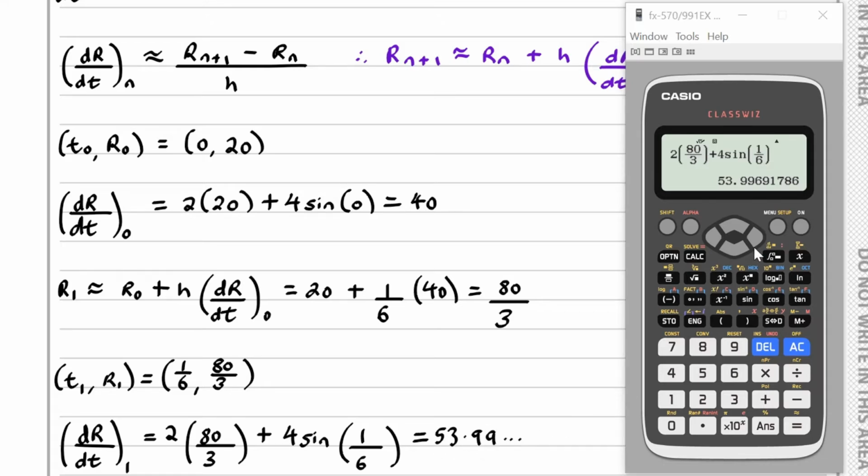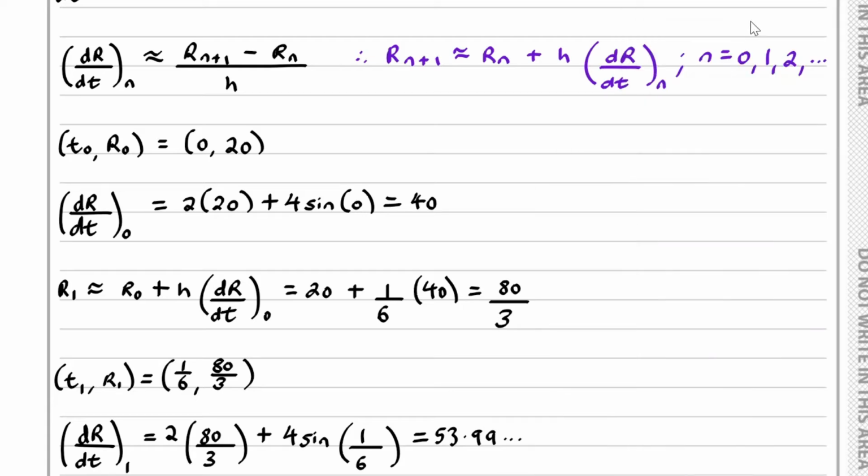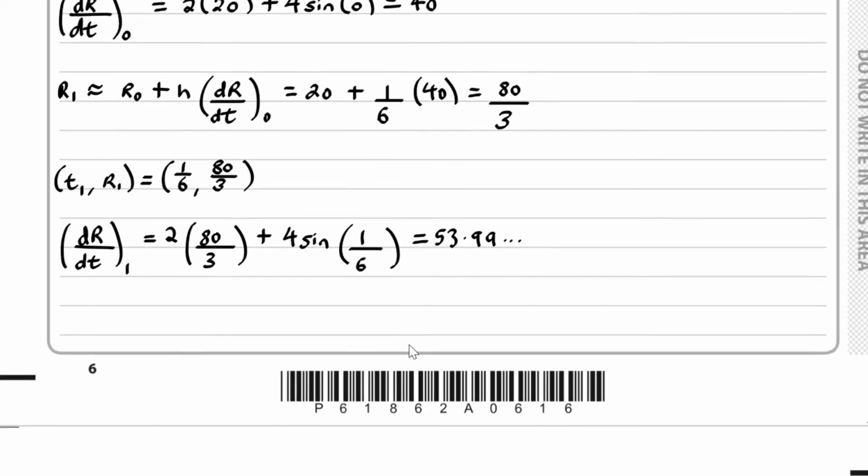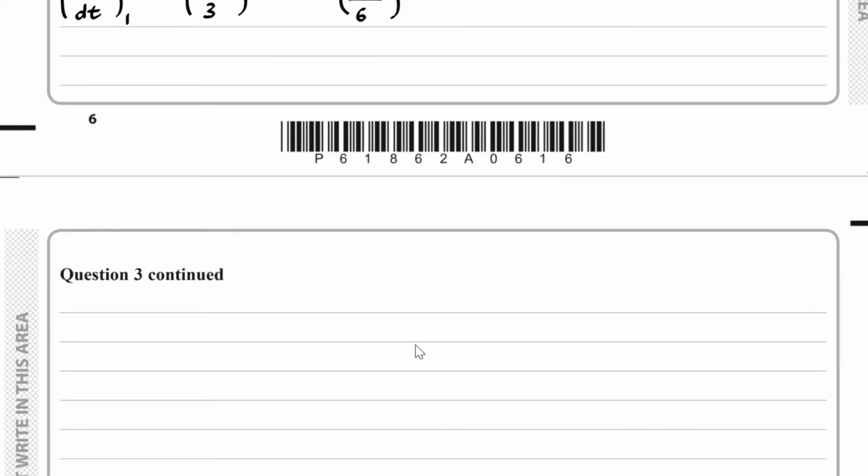I recommend storing this value into your calculator. The reason for that is we need to use this value in our next iteration. So we now need to find out what R2 is. R2 is approximately R1 plus h lots of dr over dt 1.